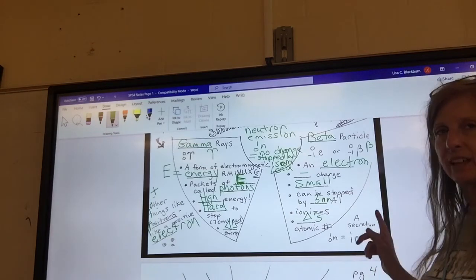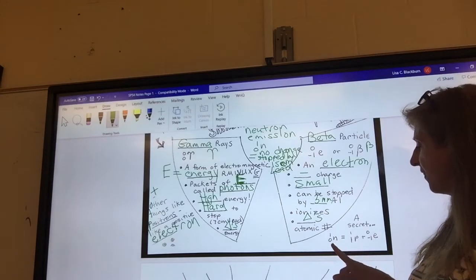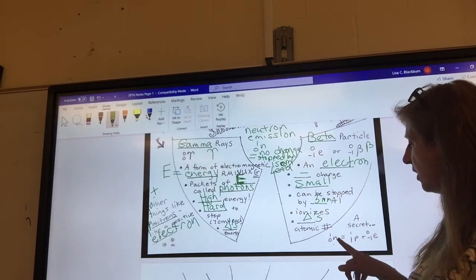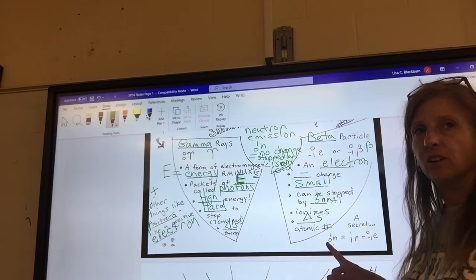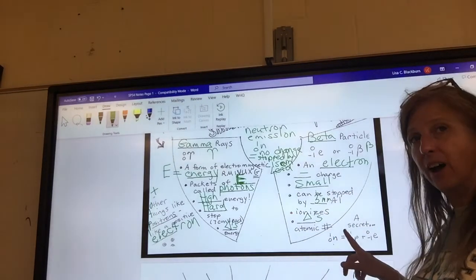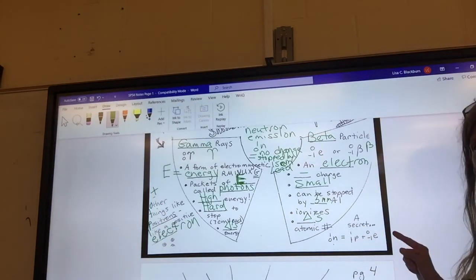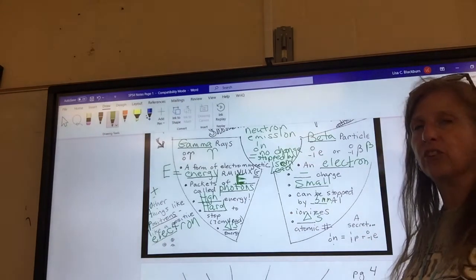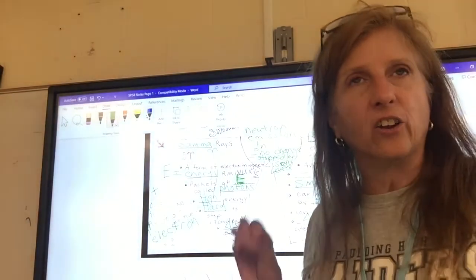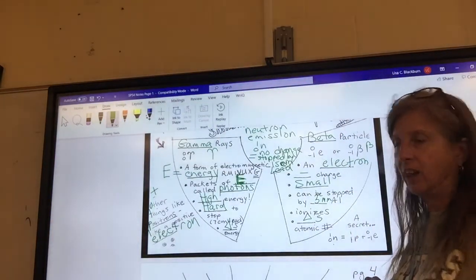So this is the last little bit of information I need you to know. What is that the symbol for? 1, 0, little n. What is that? Neutron. A neutron is made out of, and this is like a secret, a proton and an electron. If you take a neutron and hit it real hard, it'll split into a proton and an electron.